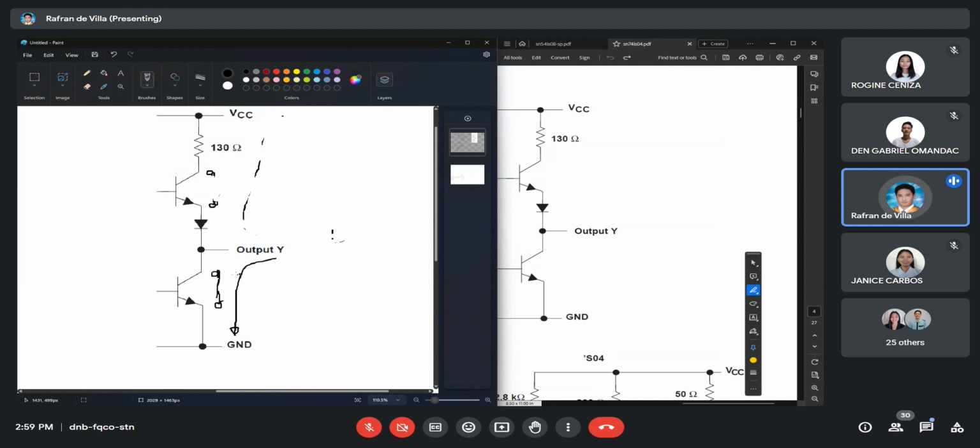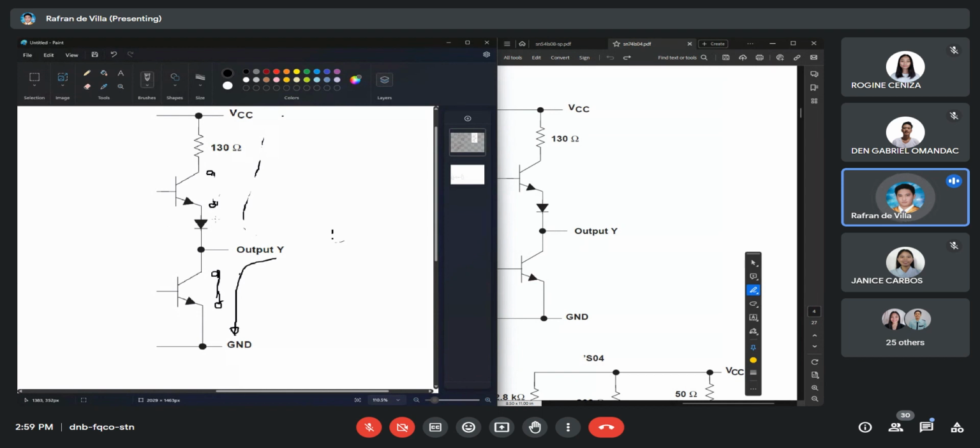Now, as you can see guys, there is no resistance in its path. The only path is the collector emitter junction. Unlike in the high output, where it passes through the resistor and also the diode.